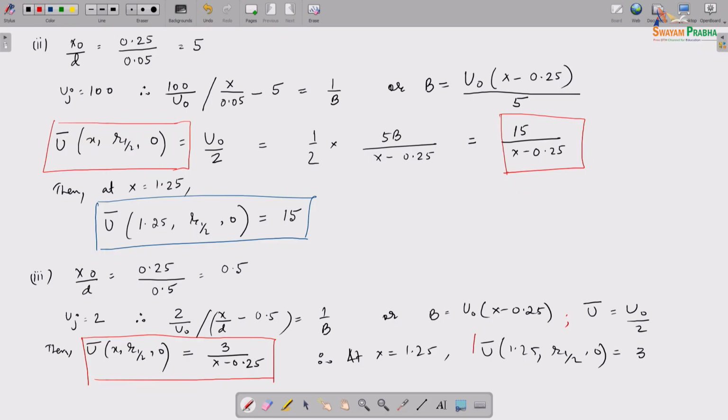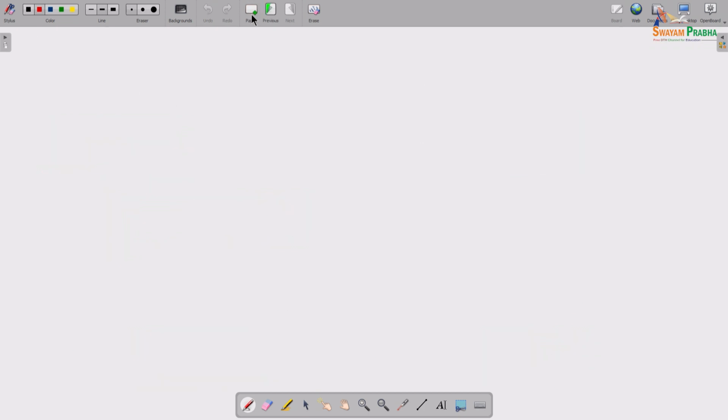So we got the third one down. Let's look at the fourth one. x naught by d is equal to 0.25 by 0.15, which is equal to 5 by 3.